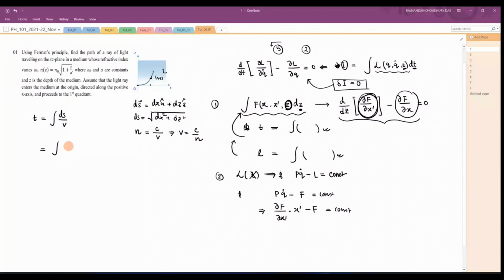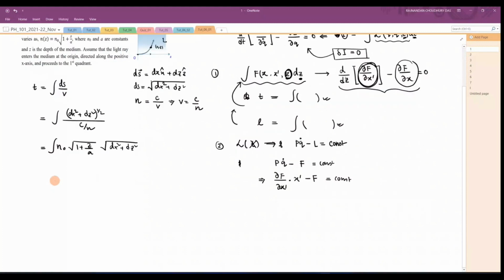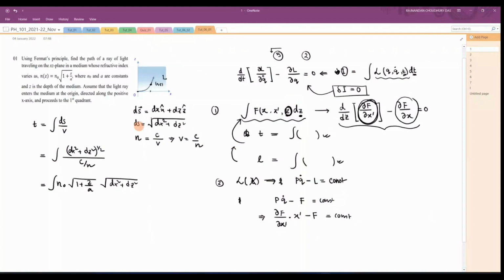This will become dx square plus dz square to the power half divided by c by n. That means finally your equation will become n0, n will go up, root over of 1 plus z by a and root over of dx square plus dz square. This is your integral.